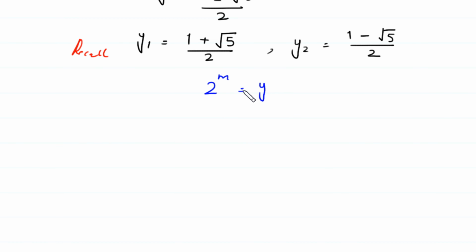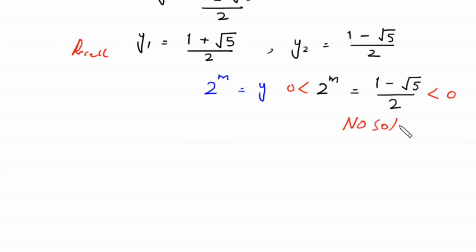First, in this equation we put the value of y, 1 minus square root of 5 over 2. 2 to the power m is equal to 1 minus square root of 5 over 2. Now because this value, 1 minus square root of 5 over 2, is less than 0, and this 2 to the power m is greater than 0, no solution is possible from here.